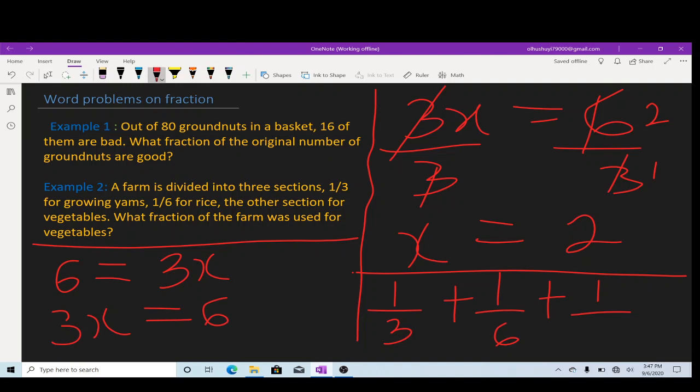So you have 2 here. This should give us 1. If you check it out, using the LCM, it will give us 1. So that means the fraction of the farm used for vegetables is 1 over 2, which is half of the whole farm.